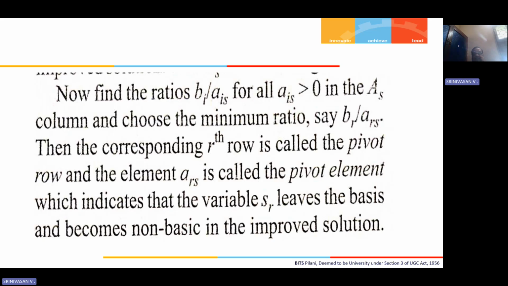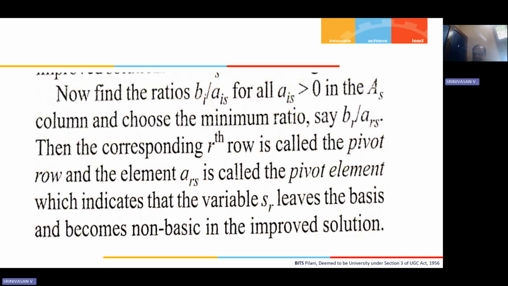Bi bar Ais. Bi means the constants on the right hand side, B1, B2, etc., Bm. Ais means A11, A12, A21, A31, like that, some general coefficient in your constraint. For all Ais greater than 0, you must divide the constants on the right hand side by those coefficients of constraints available in the body of your table.